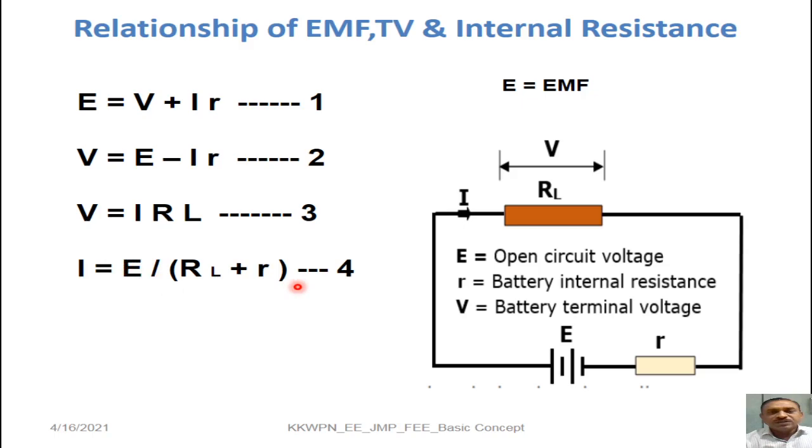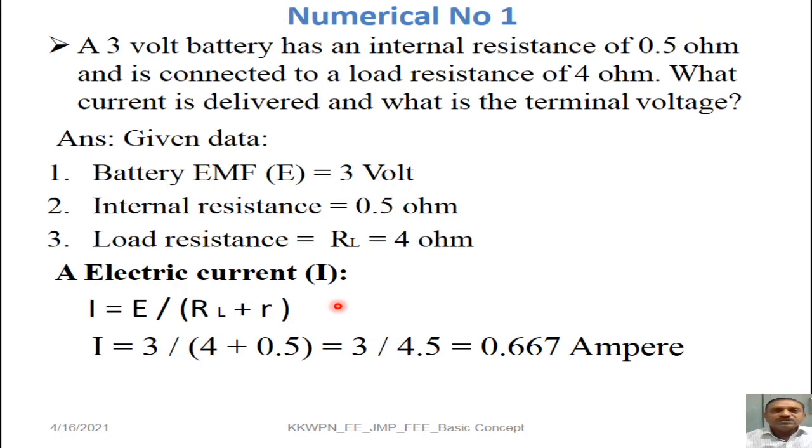There are two resistors in this circuit acting in series. The same current is flowing through RL and small r. If you divide this electromotive force by the sum of RL plus r, then we get the current supplied by the battery. Once we have the understanding of these equations, now we can take numericals to get a clearer idea about these quantities.